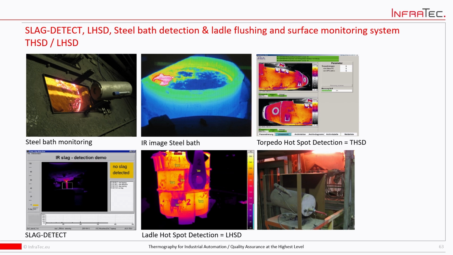For slag detection, we use the big emission difference between slag and steel, so that no further slag is used for the later process; we give a clear signal if slag is detected and the process is stopped. Then for ladle hotspot detection, this is the same application as for torpedo cars. We check the outside shell of the ladle, and here is another example of a slag detection housing.